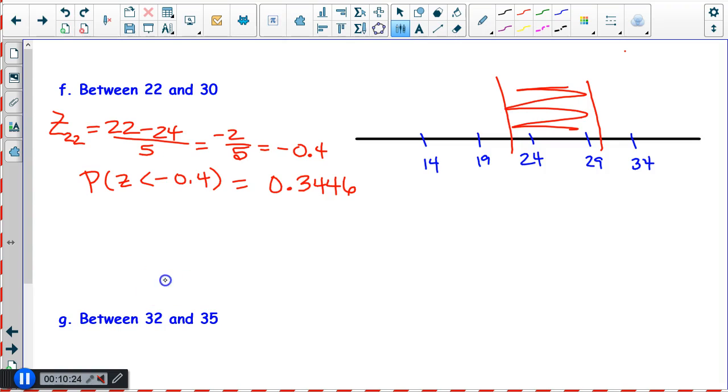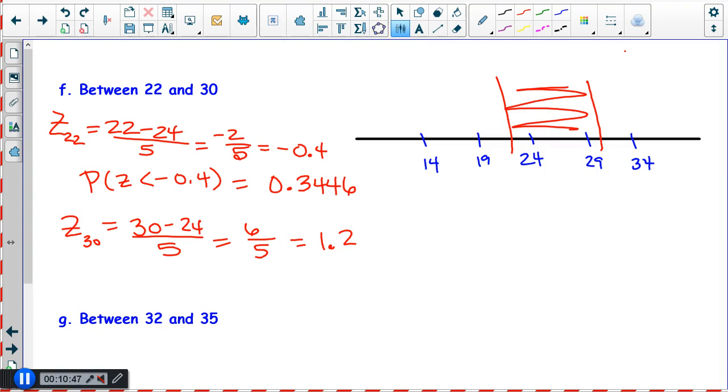Okay? So now, let's find the Z-score for 30. So 30 minus 24 divided by 5, which is 6/5, or 1 1/5, right? Which is 1.2. So now I flip my Z-table over. This is called a Z-table, by the way.